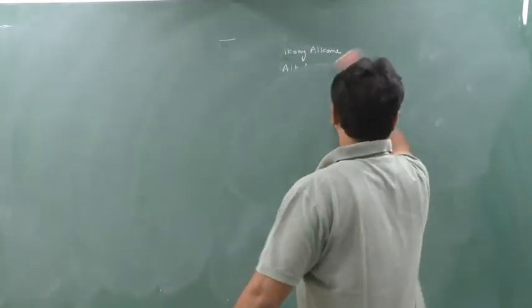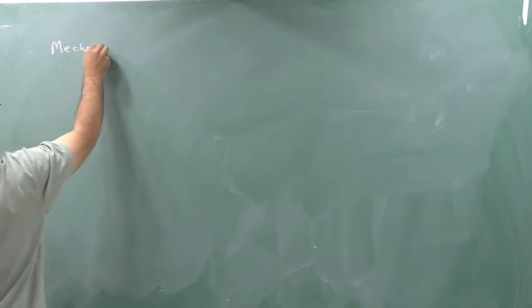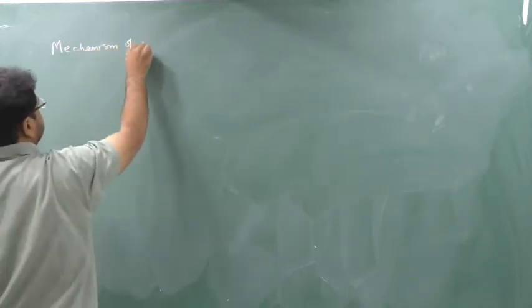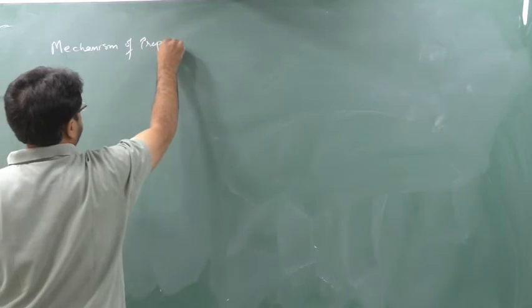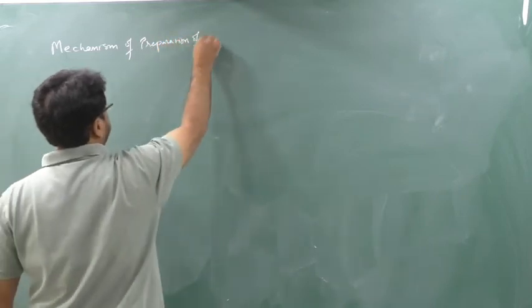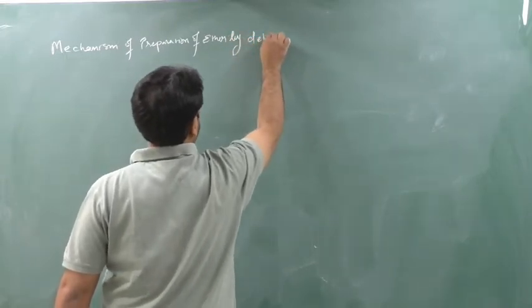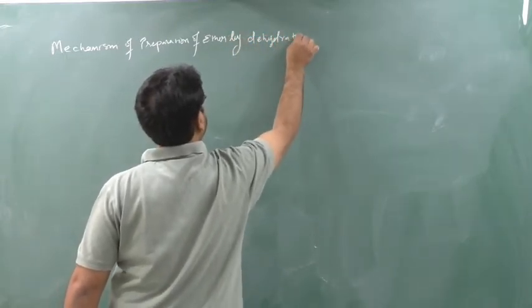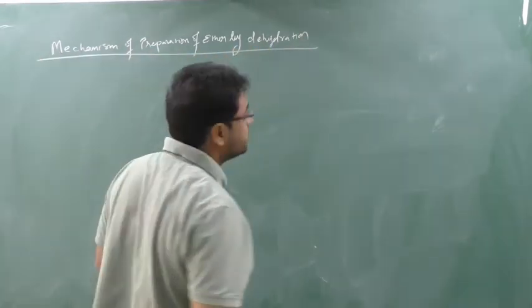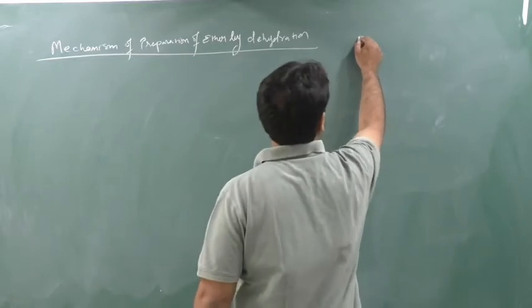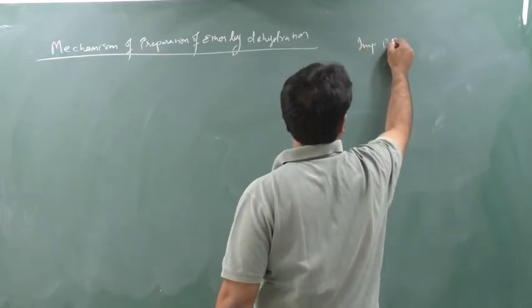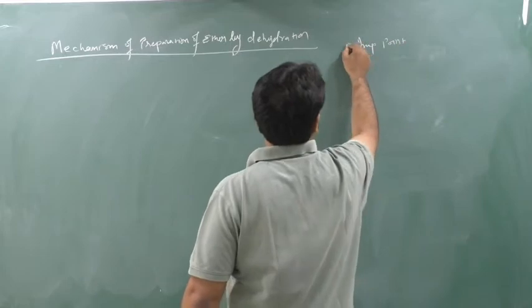So you can make a heading: mechanism of preparation of ether by dehydration. Clear? So first, I will write down the number of points, important key points, which will help you to get the answer in the competition exam.